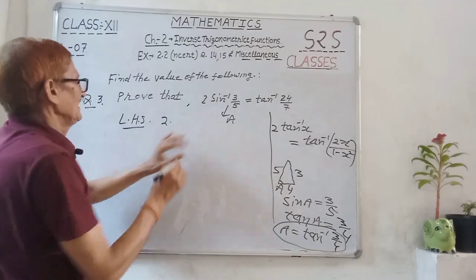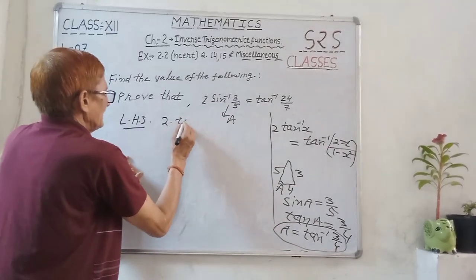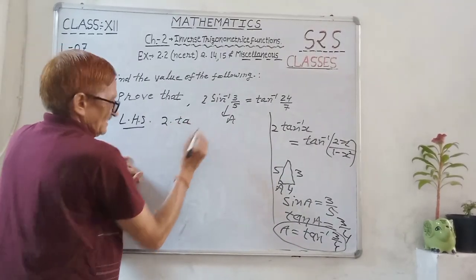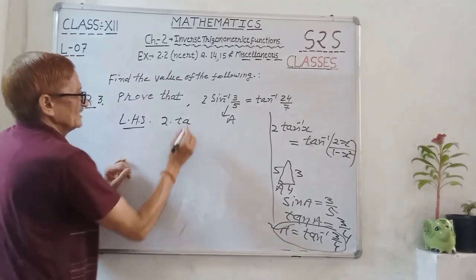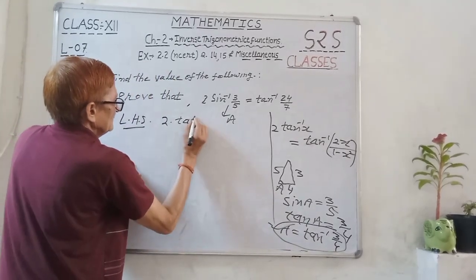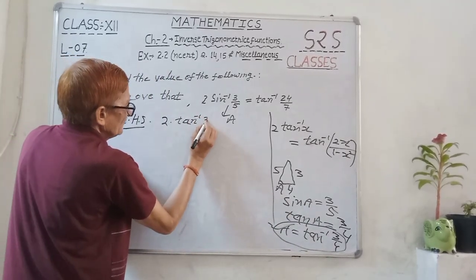So the expression becomes 2 of tan inverse 3 upon 4.